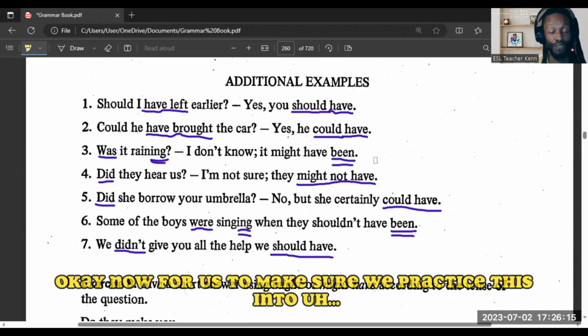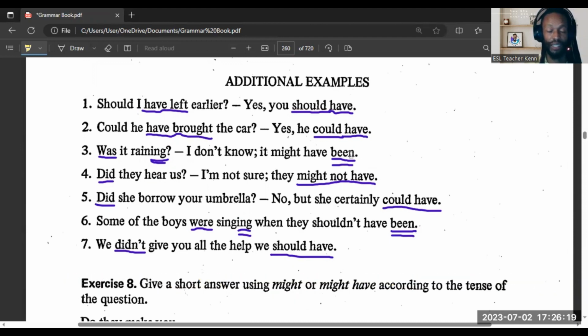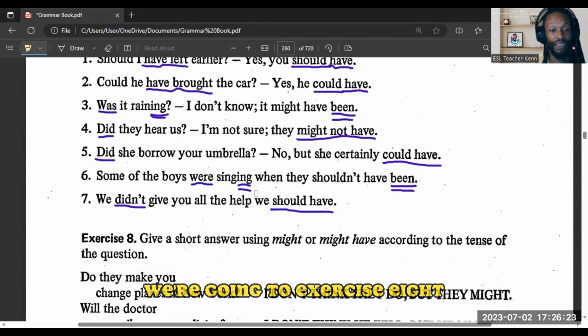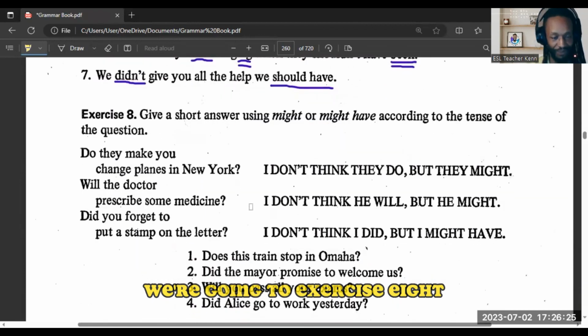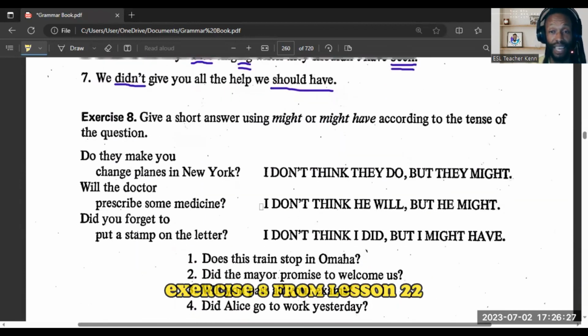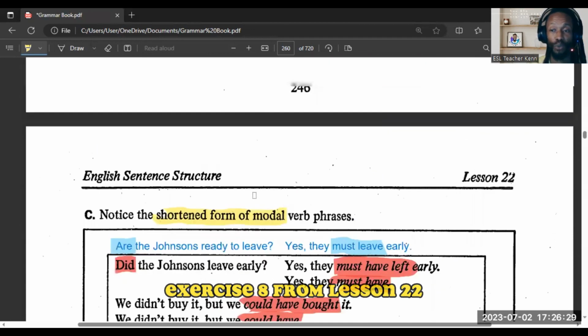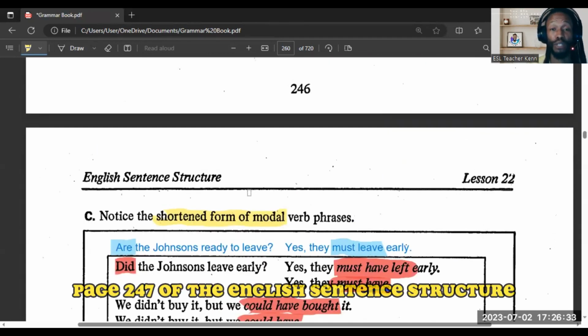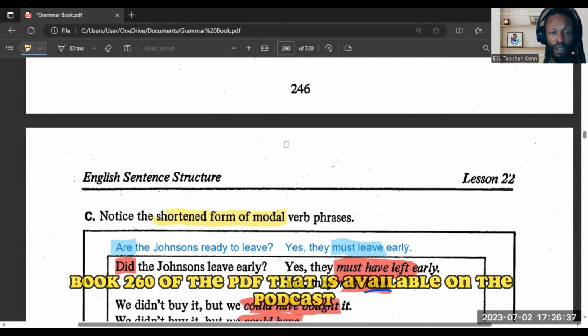Okay, now, for us to make sure we practice this and apply it in the moment, we're going to exercise 8. Exercise 8 from lesson 22 on the same page, page 247 of the English sentence structure book, 260 of the PDF that is available on the podcast.